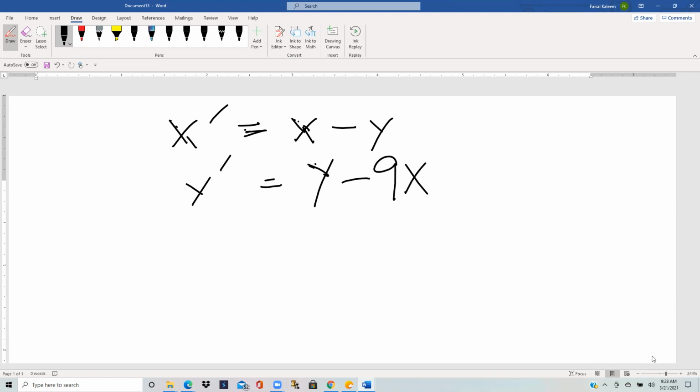So in this case, since the derivatives are with respect to t, what you do is you let D be equal to d over dt.